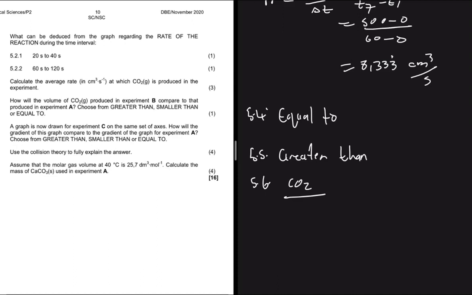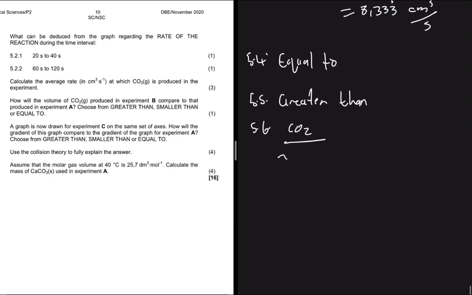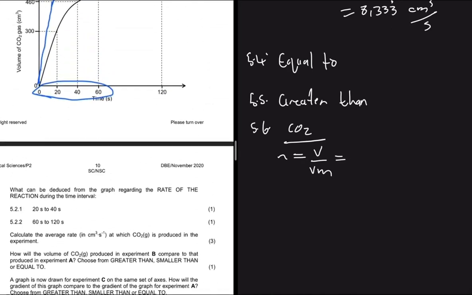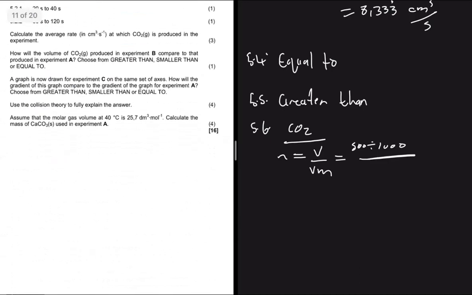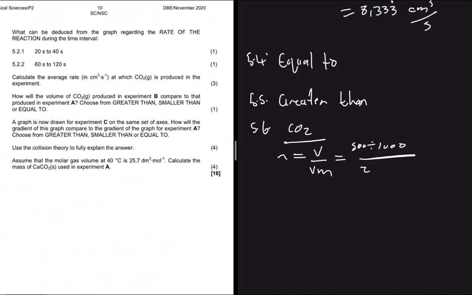calculate the mass, right? So we can say the number of moles of CO2 is equal to the volume divided by the molar gas volume. So what is the volume of CO2? Let's check. It's 500 centimeter cube, right? So we're gonna say 500 divided by 1000, converting to decimeter cube, divided by 25.7, like we are told.